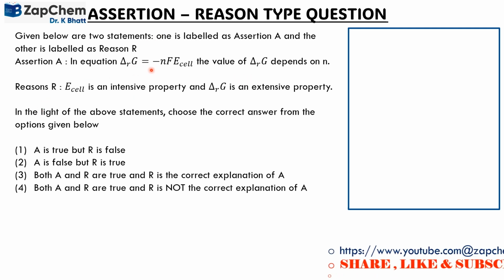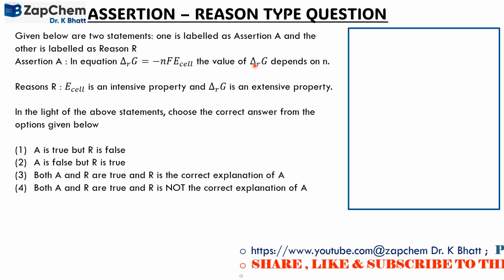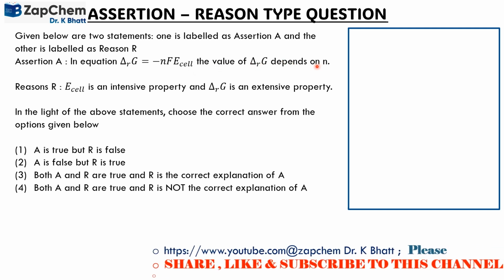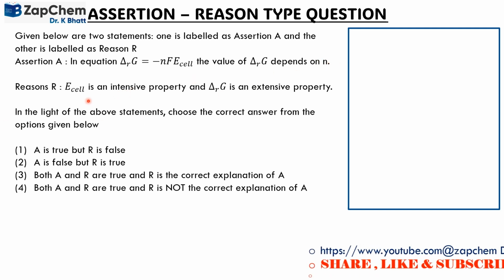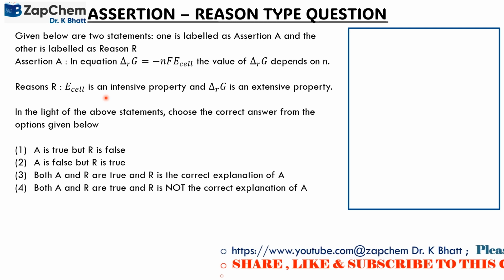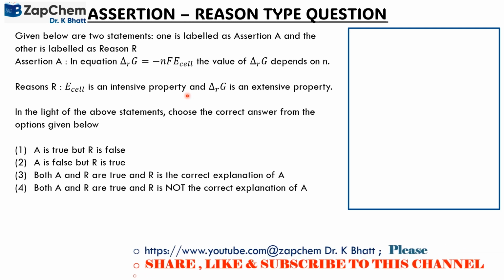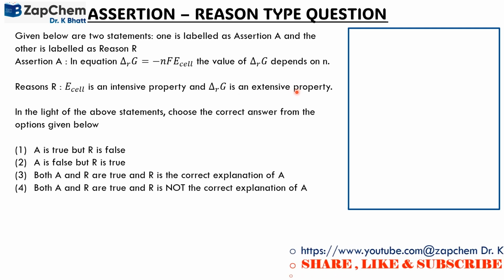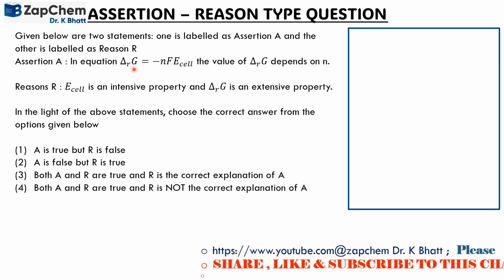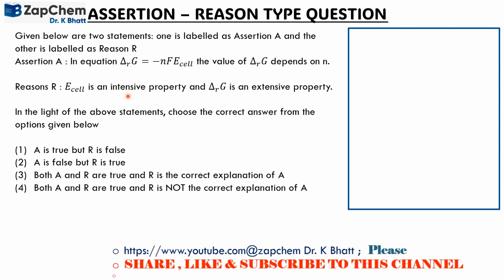Assertion is delta G is equal to minus nFE cell. Delta G depends on n. Okay, it's all correct. It depends upon n. And reason R is E cell, that is electrode potential of the cell, is an intensive property and delta G is an extensive property. This is also perfectly correct. So we find that assertion and reason both are correct.